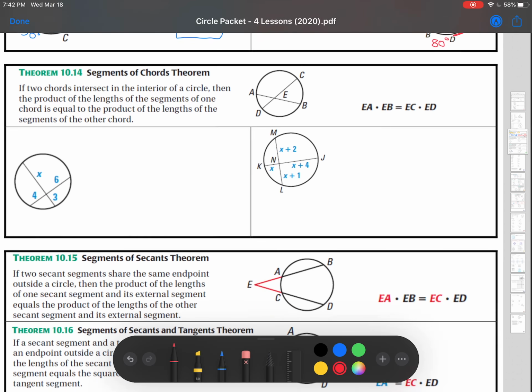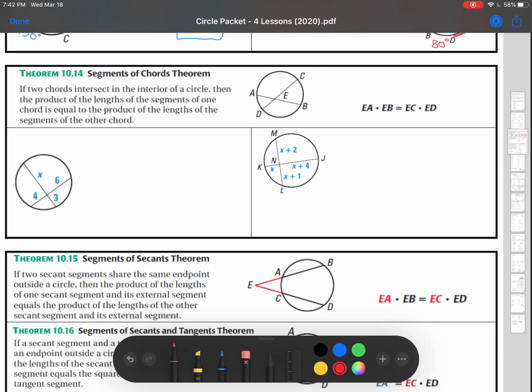The next one is about segments of chords. So that's like two chords that intersect each other. In this case, you'll see that it says EA times EB. So the length of EA is right here times the length of EB. So this little chunk times that little chunk is equal to, on the other chord, this chunk times that chunk. That's how I refer to it.